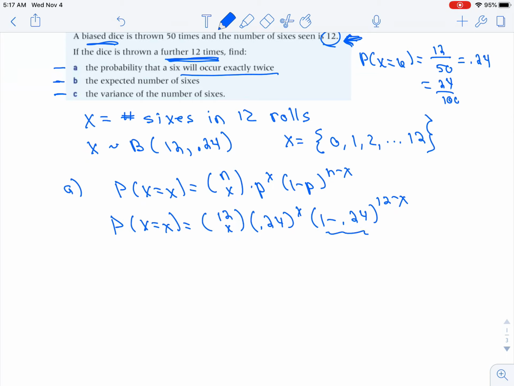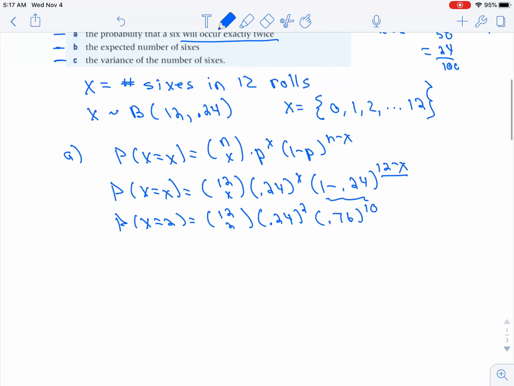We'll fix that when we go to the next line. So if we want the probability that X is equal to 2, then that's going to be 12 choose 2 times 0.24 squared times 0.76 to the 12 minus 2, which is 10. And you can put that into your calculator and work that out, and that turns out to be 0.2444, keeps going, so that's approximately 0.244.